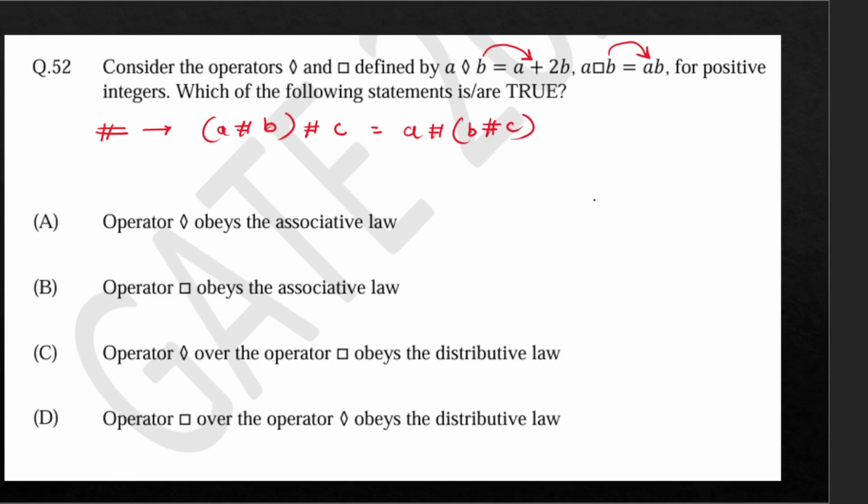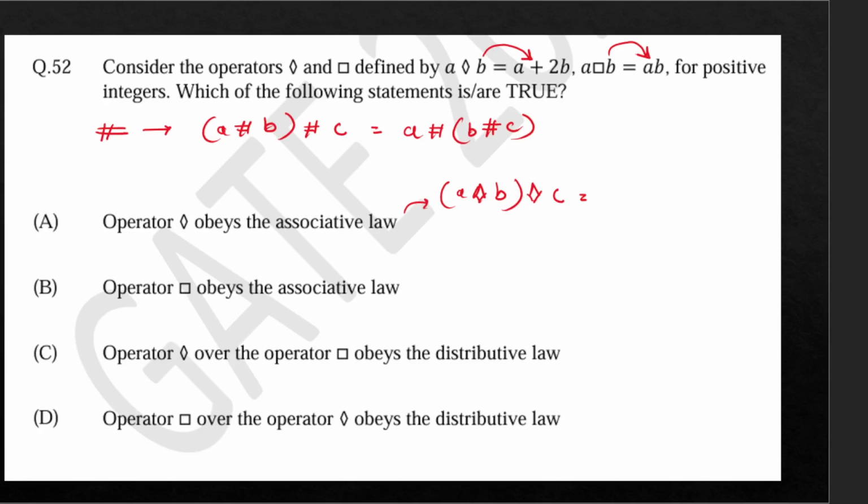Then they are associative, everyone. So let's observe from the first option whether it is associative or not. How to check? First we are going to take (a diamond b) diamond c.